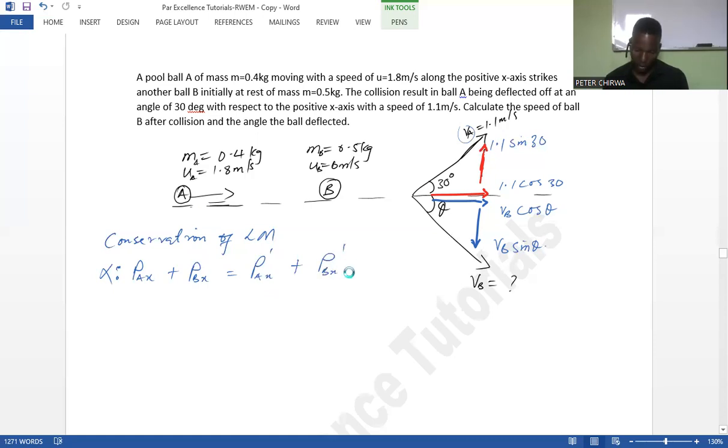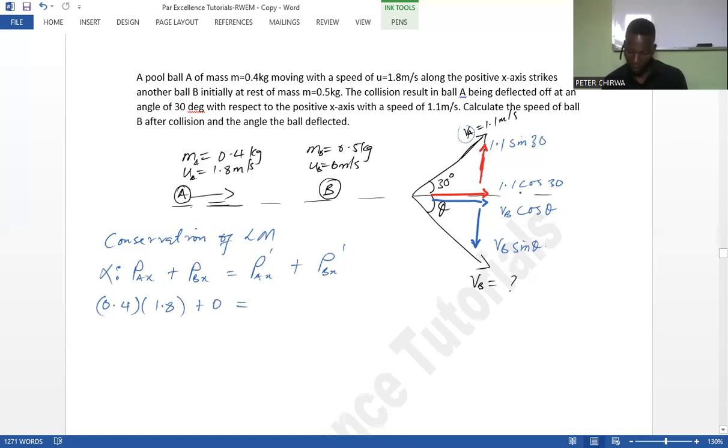All right, so now for the first one, we know momentum is mass times velocity. In x, this first ball was moving in the horizontal. So we're going to have mass times the velocity, which is 0.4 times 1.8, plus the second ball's initial velocity is 0, meaning we have no momentum.